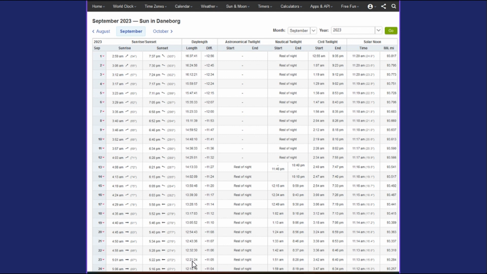This is the equinox, the 23rd of September. So that's what we expect to see there.